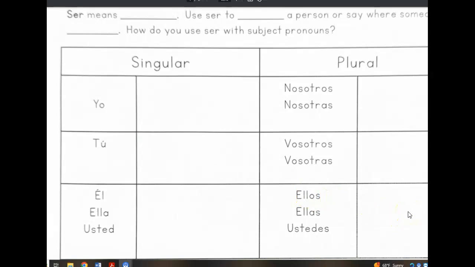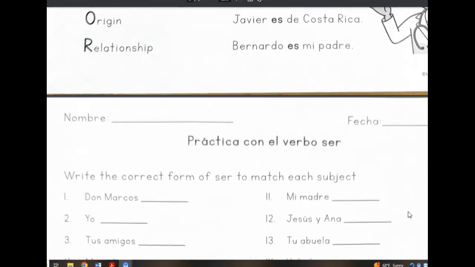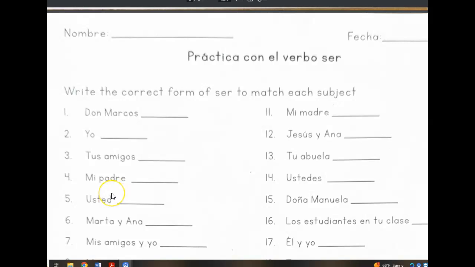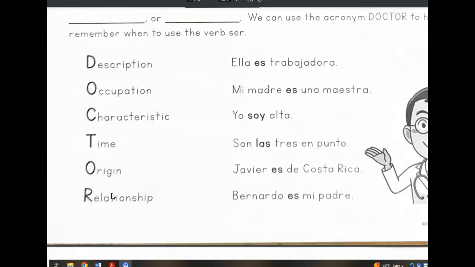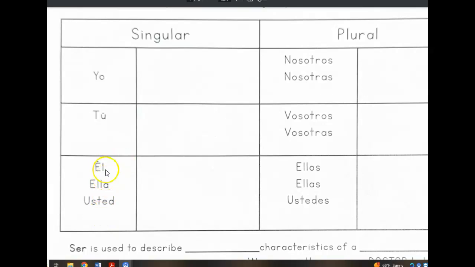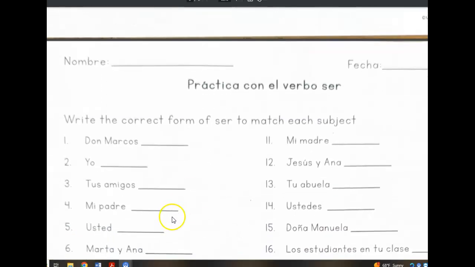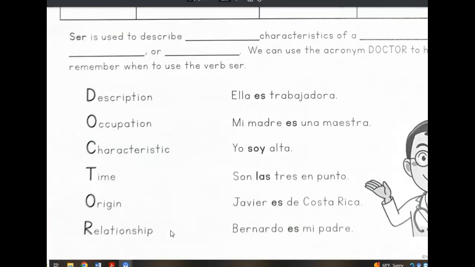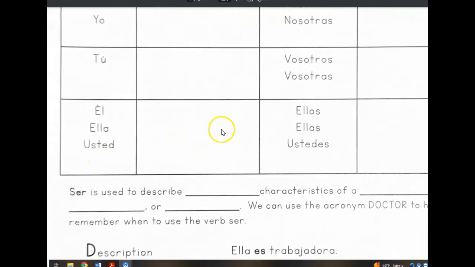Correct answer for number 3, son. Number 4, mi padre, my dad, is singular. Él, he, my dad, él es. Es for number 4. And then finally, number 5 would also be es when talking to someone politely in the usted form.